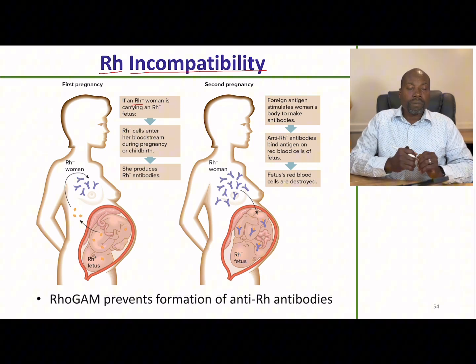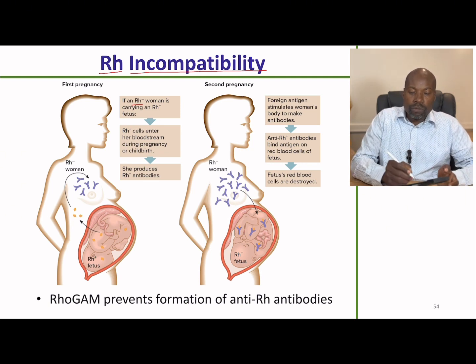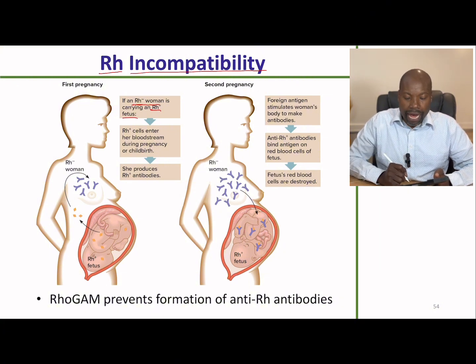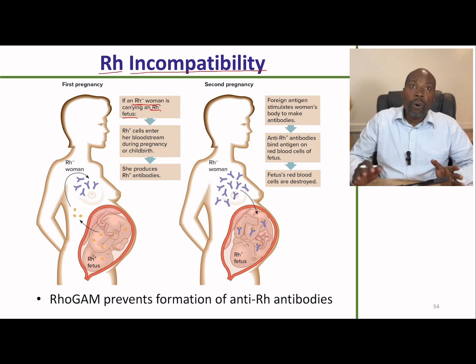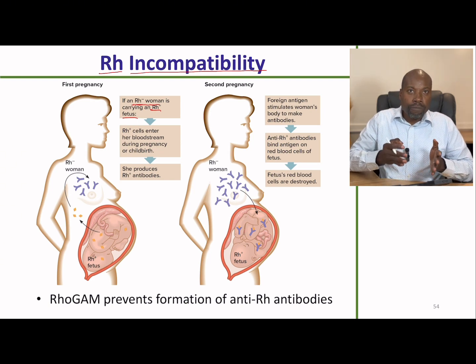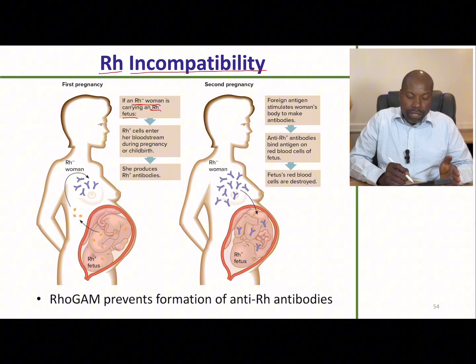At that point, mom is rhesus negative, and she's going to carry a fetus that is rhesus positive. Now, what is the consequence of that? The consequence is that at some point during pregnancy or during the process of birth, the rhesus factor can actually be exchanged between the baby or the fetus and mom.